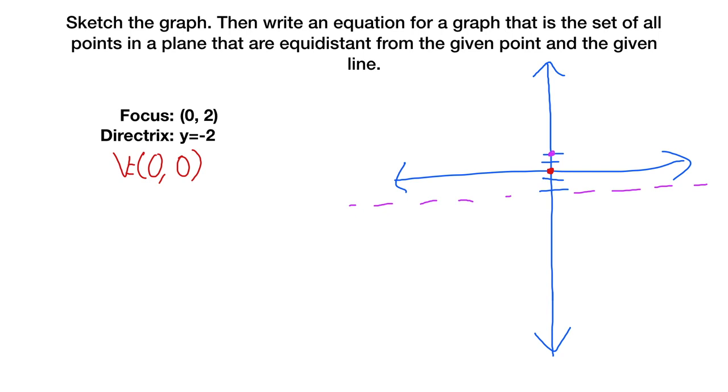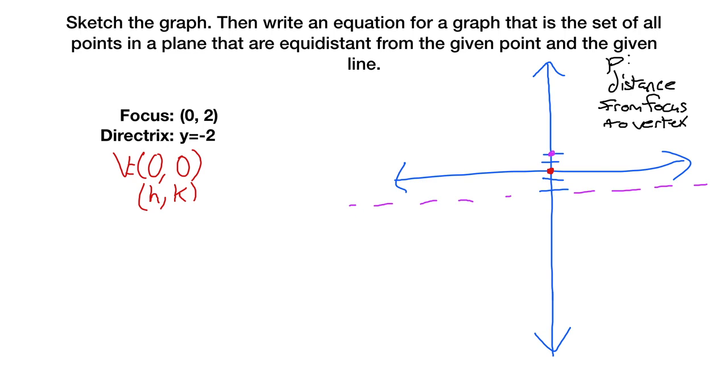Now, the next thing that we need to do for our formula is you might notice that there was a letter P. By the way, remember, vertex is H, comma, K. There was a letter P. The P is the distance from focus to vertex.